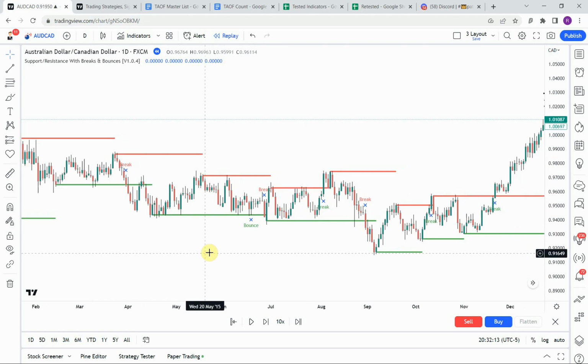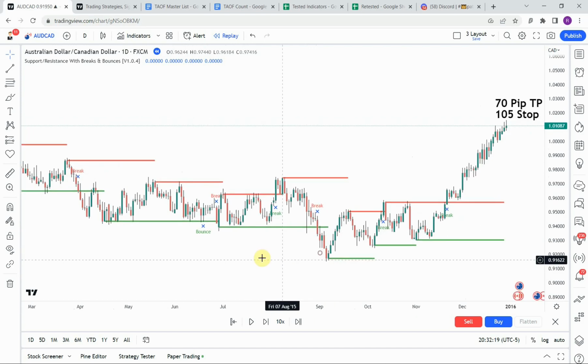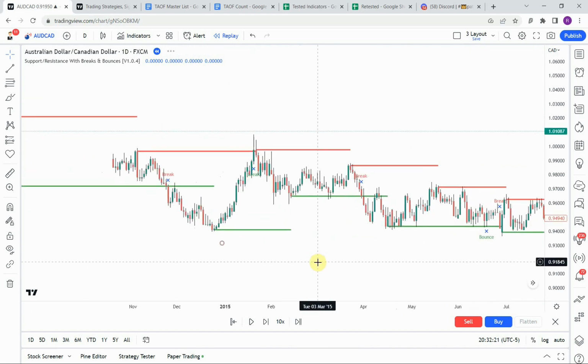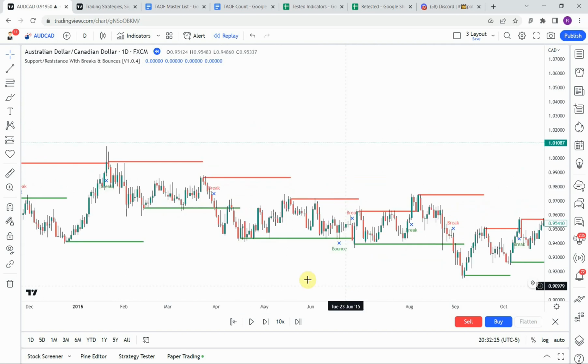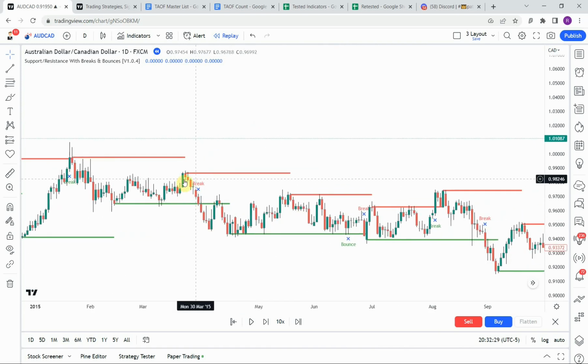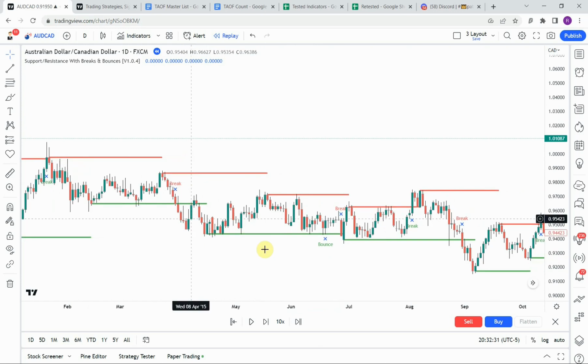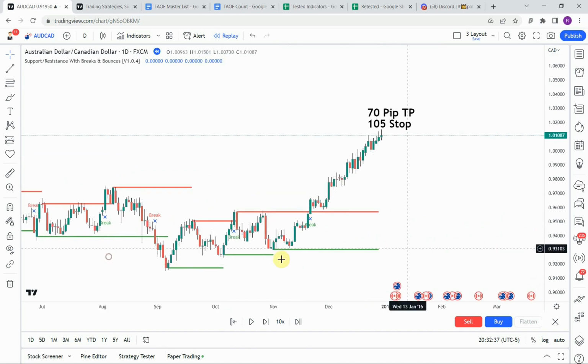Obviously the red and the green here is going to be the notation of the support and resistance areas. And then the indicator also notates when we get a break of the support and resistance areas, or a bounce off of those support and resistance areas.